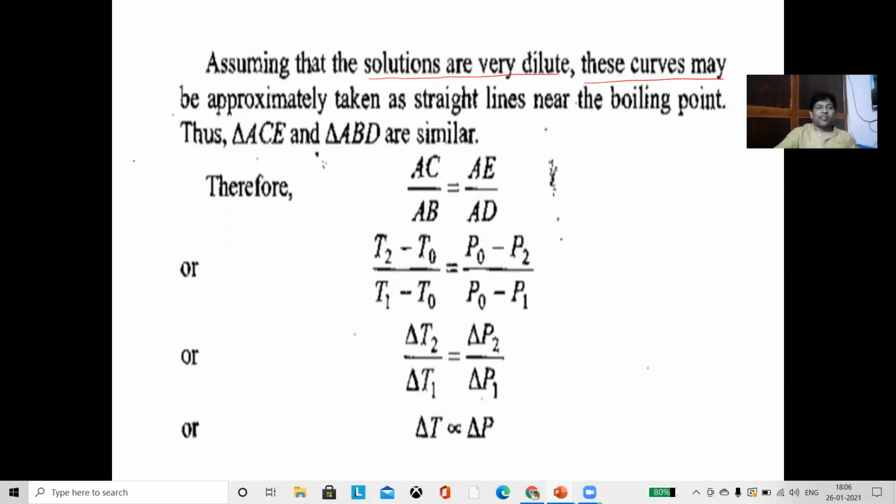these curves may be approximately taken as straight lines. Instead of slight curves, these lines will be taken as straight lines near the boiling point.